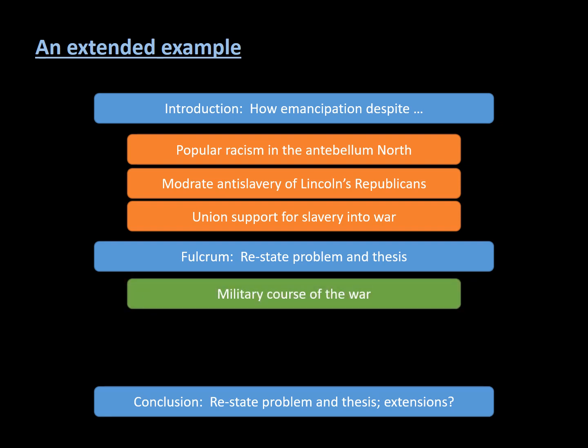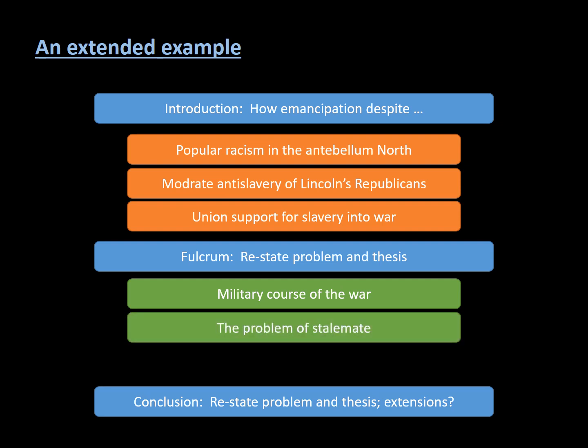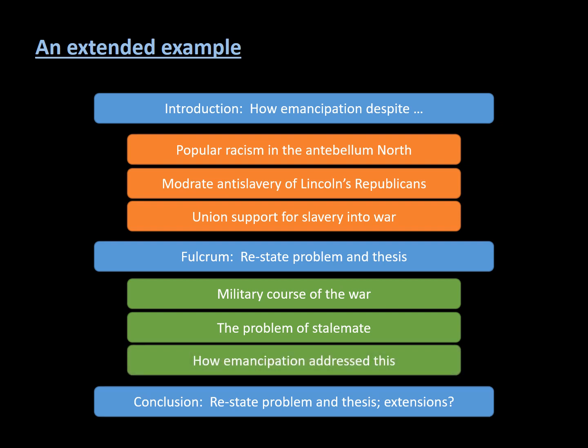One, we have to understand the military course of the war, so there's going to be a paragraph about that. Specifically, we need to understand the problem of battlefield stalemate, which I'll explain in a minute. And then emancipation became a solution to the problem of battlefield stalemate, right? So here is our entire argument in miniature.